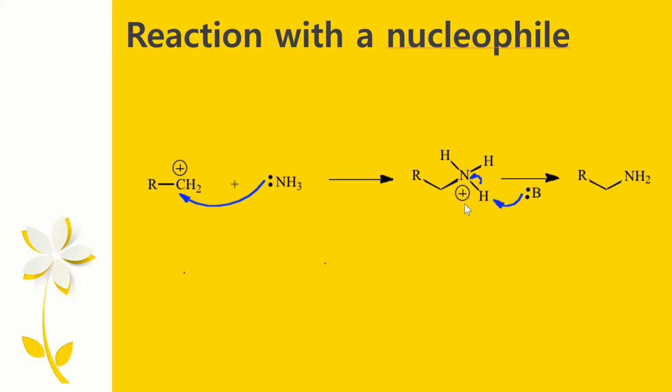And then once the ammonium ion is formed, we have ammonia here in excess. So ammonia can pull this proton and therefore quench the positive charge, with the arrow starting on the bond and ending on the nitrogen. And we end up with a primary amine. So here we're seeing a carbocation being attacked by another type of nucleophile.